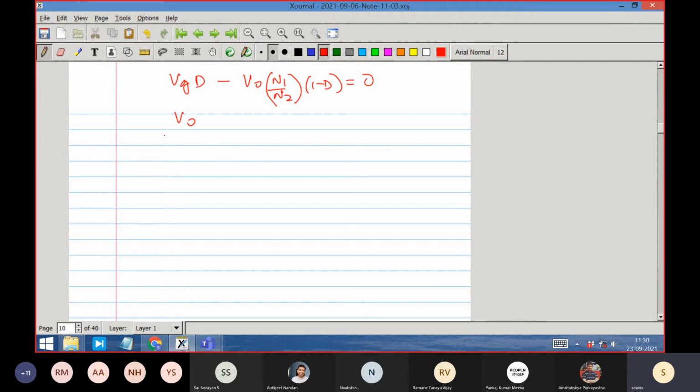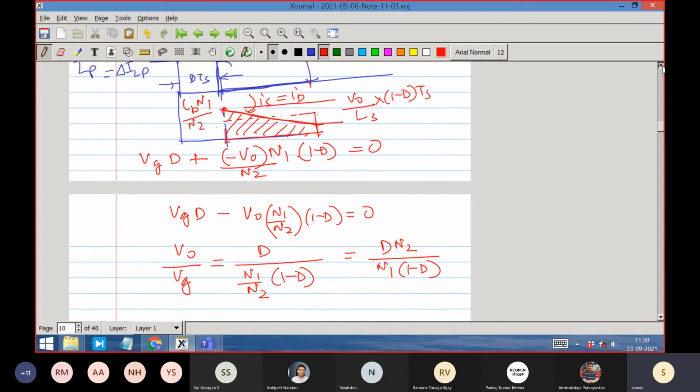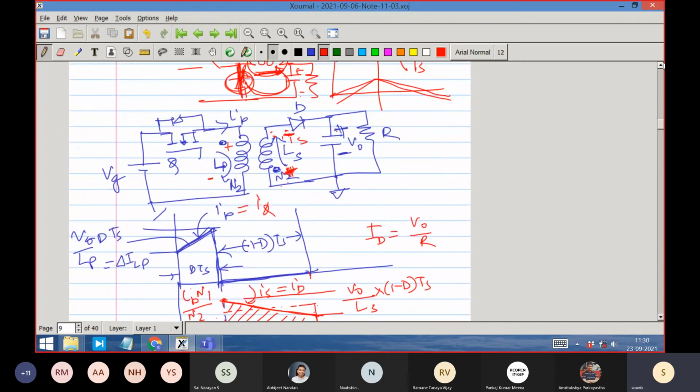So V naught by Vg is equal to d by N1 by N2 into 1 minus d, or is equal to d into N2 by N1 into 1 minus d. So you see now no negative sign. So that means same polarity with this reference and this reference, their same polarity will be getting, right?